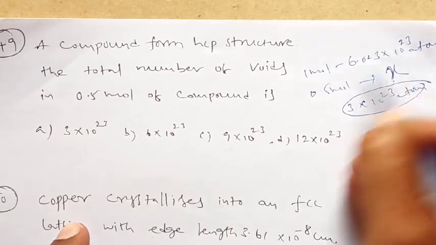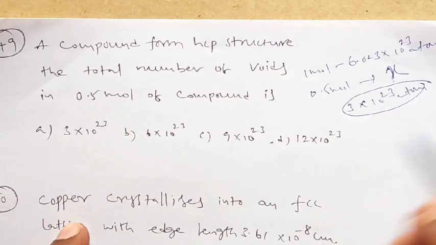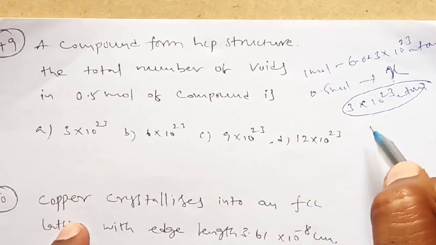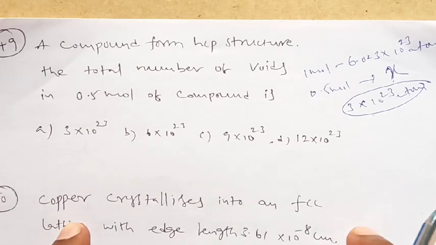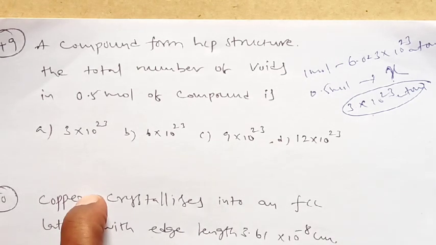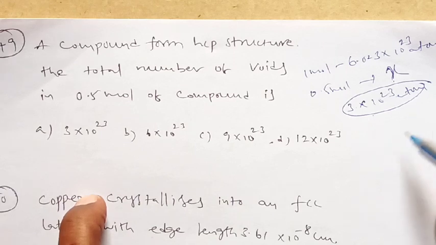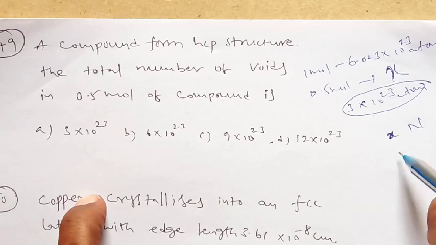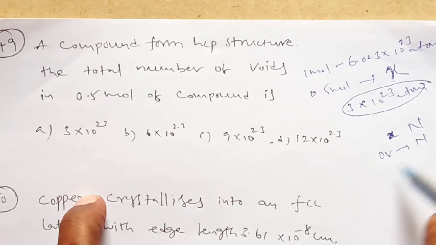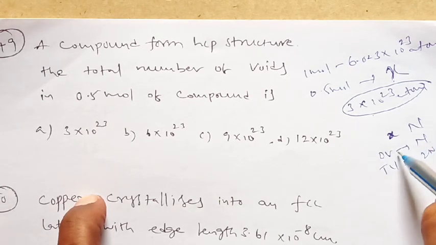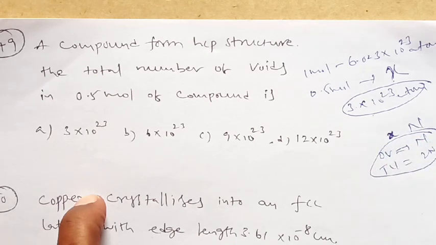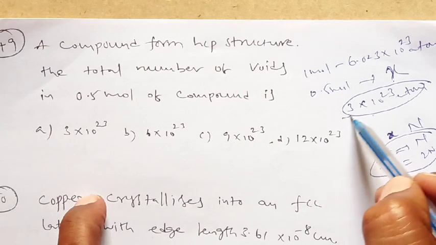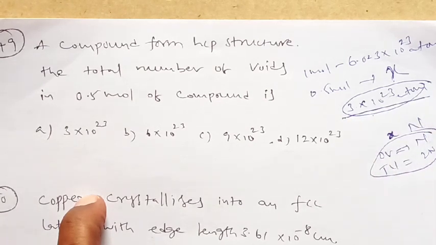If you consider it as x and do the cross multiplication, you get this for half mole. So you know in any unit cell, in any crystal lattice, how many atoms are there? Those many octahedral voids are present. Suppose in any unit cell n atoms are there, then how many octahedral voids? N only. How many tetrahedral voids? 2n. I think this is the basic formula. Is it okay? Now in 3 into 10 power 23 atoms, how many octahedral voids?